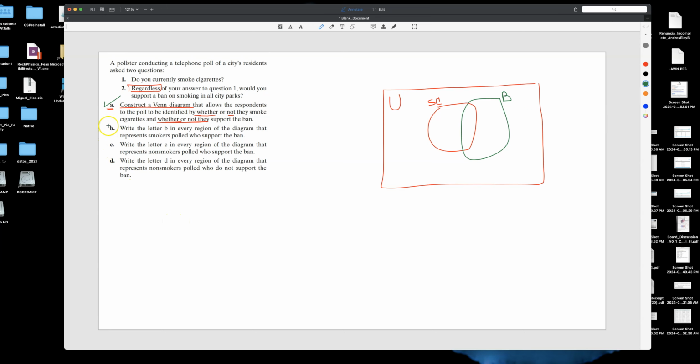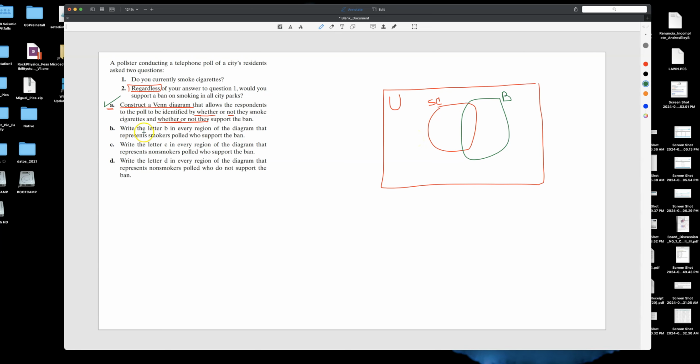Let's go with the second one. They say, write the letter B in every region of the diagram that represents smokers polled who support the ban. That is very easy, right? How many regions do we have here? We have 1, 2, 3, and 4 regions, because we have two sets.